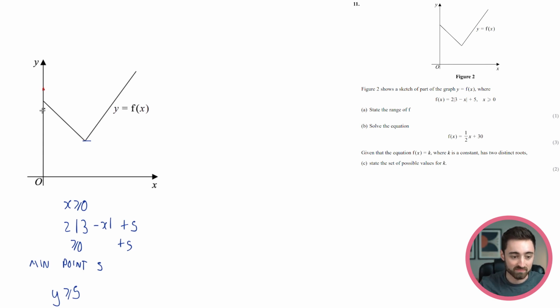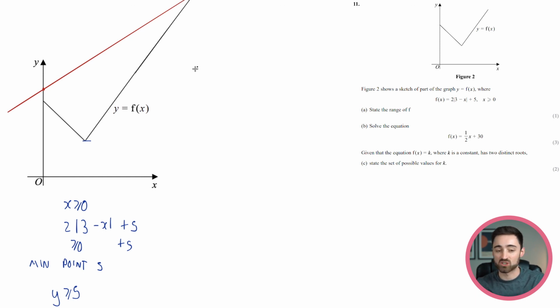So this line is going to go down here and then up here, basically forever. We know that this actually goes on forever too, so there's going to be some point up here where they're going to hit. But only one point. They're not going to hit over there, because f of x isn't defined for negative x values.